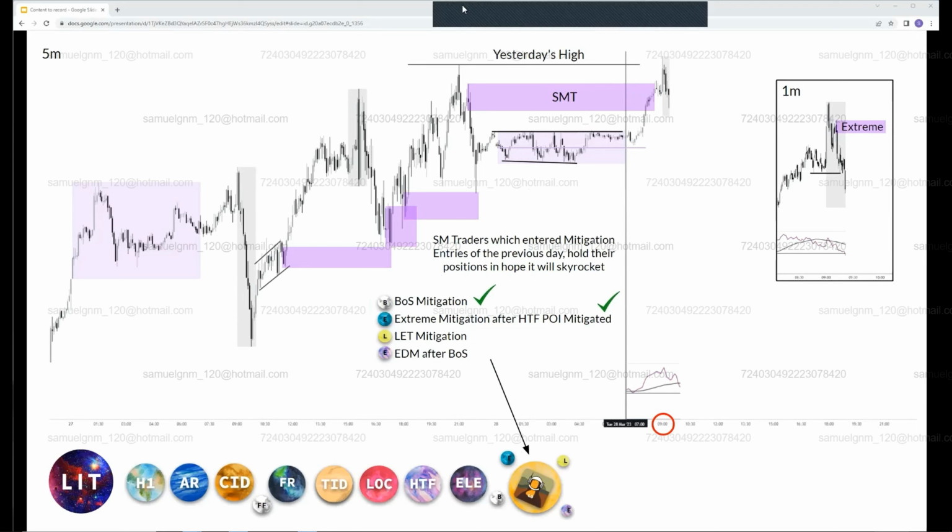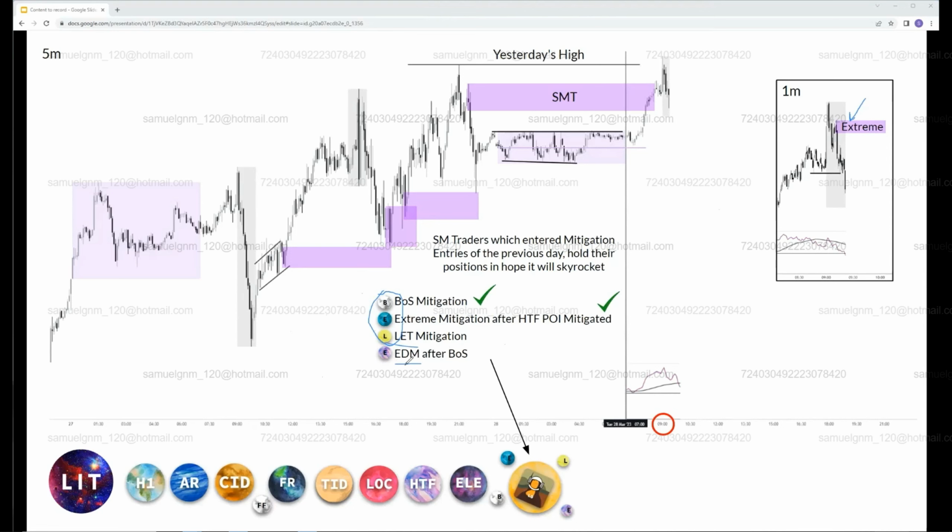We have got our next step, which is let mitigation. So can we also potentially line up let mitigation in line with this POI? Now that would be pretty extraordinary when it comes to all three of these lining up. Just remember, you're not always going to have all of them. You can have one, or you can have two. I'm not sure about four when it comes to EDM and LETs.